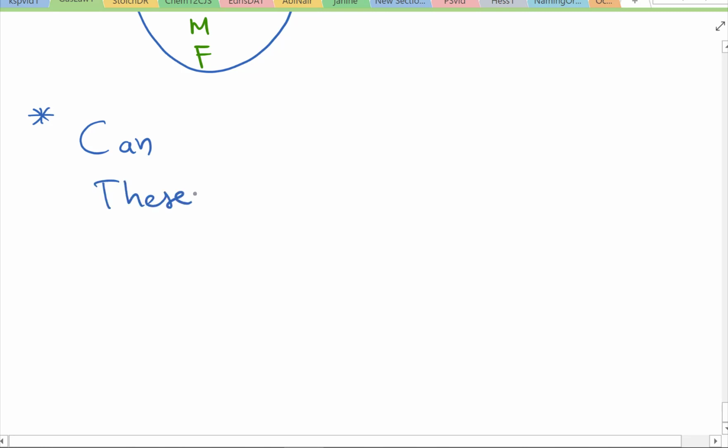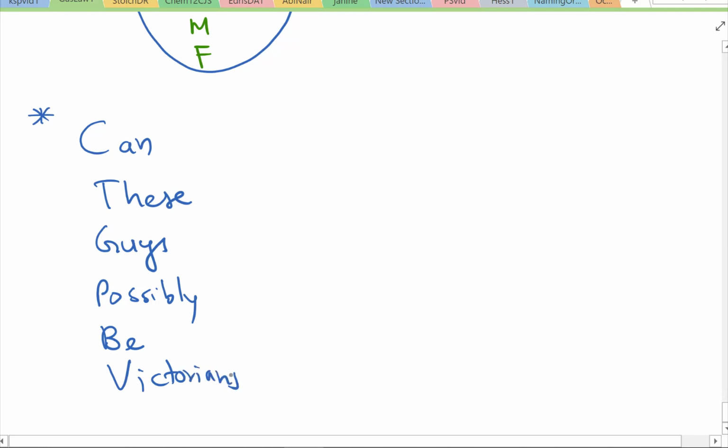Now there is another thing that some of my students use most of the time, and sometimes it's helpful. Look at this one: "Can these guys possibly be Victorians?" Let's see how you use it. It's a way that if your prof is not giving you the formulas, you can memorize them.